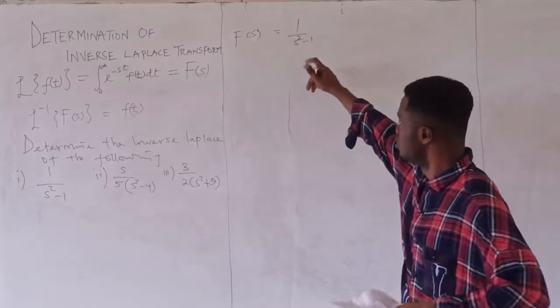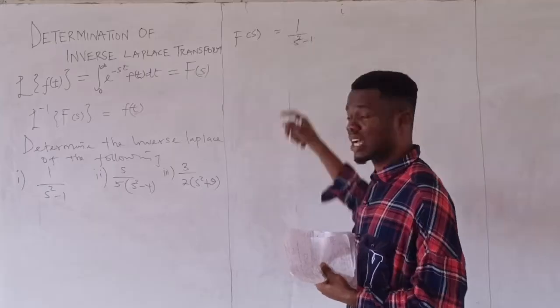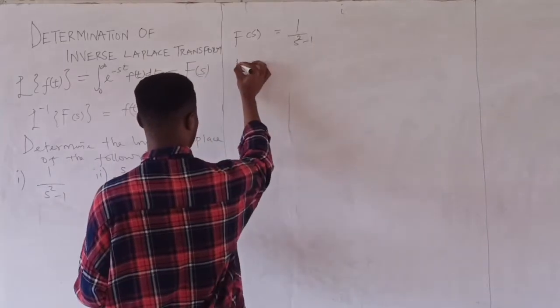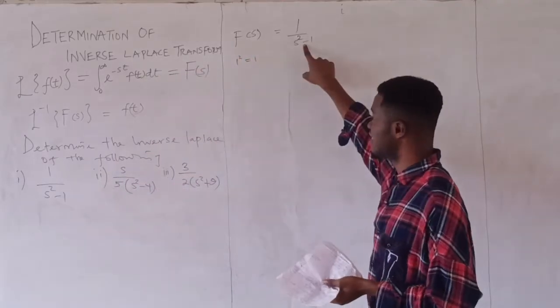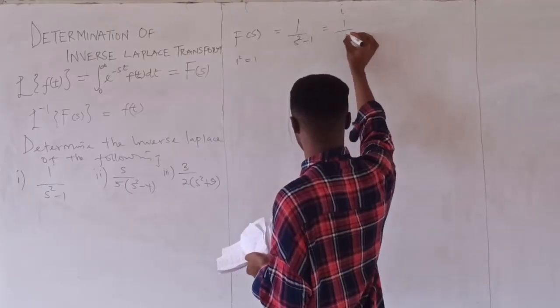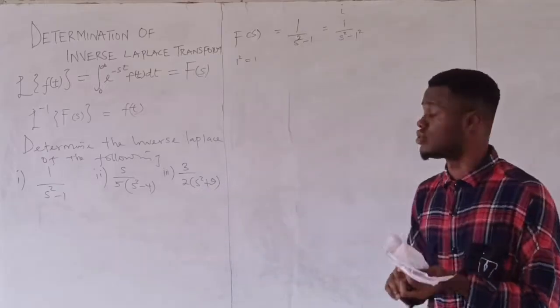So when you look at this one, looking at the denominator now, we can see that 1 can be expressed as a square, right? We know that 1 squared is equal to 1. So since 1 squared is equal to 1, we can simply write this as 1 over s squared minus 1 squared. So this is what we are going to have.